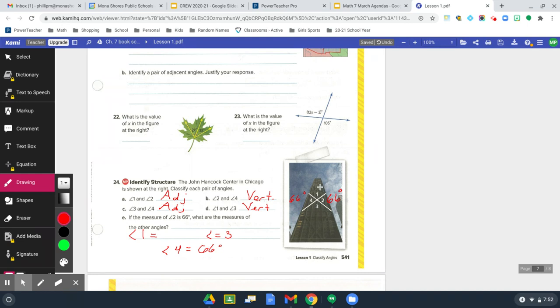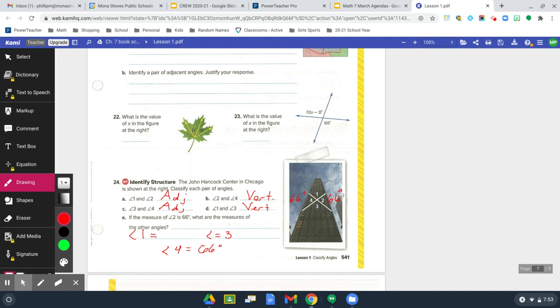Now, angle 1 and angle 3, how do we find those? So remember when we were doing some vocabulary yesterday, and we talked about how a straight line is 180 degrees. Well, keep that in mind, because now when we look over here to the right at angle 1 and angle 2, we know these two are adjacent.